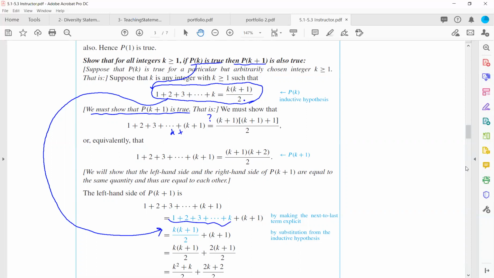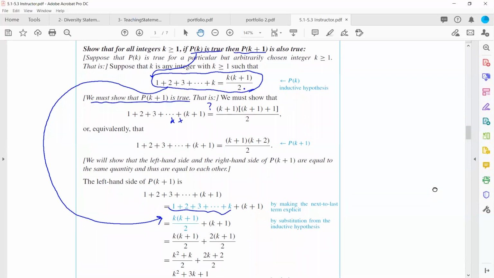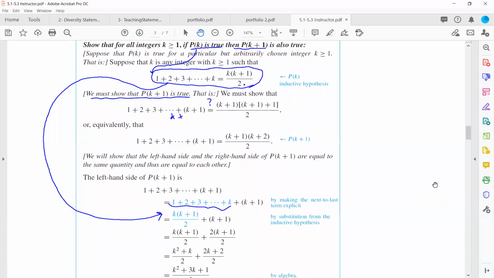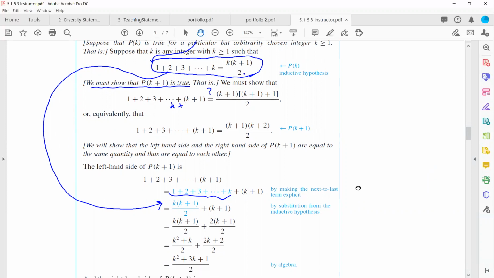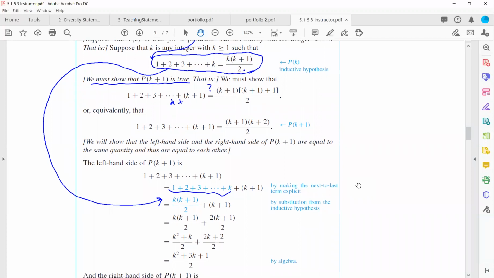Take common denominator between these two and add the numerators. k times (k plus 1) plus 2k plus 2, divided by 2, which is equal to k squared plus k plus 2k plus 2, so k squared plus 3k plus 2, divided by 2.